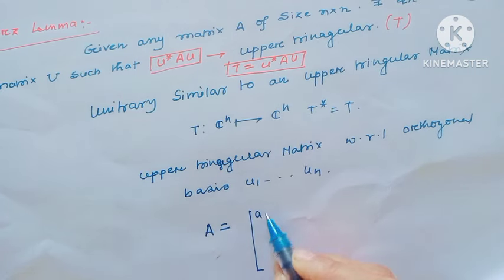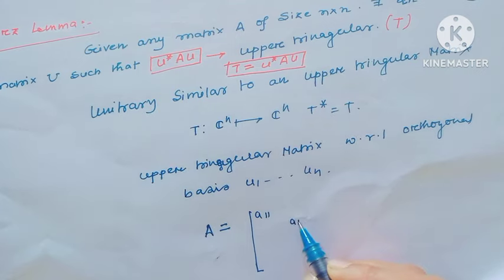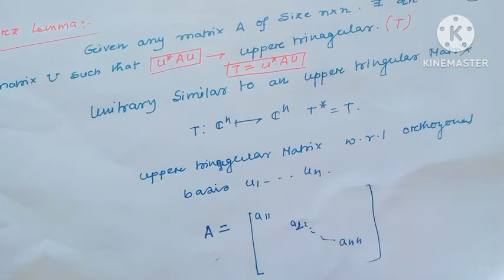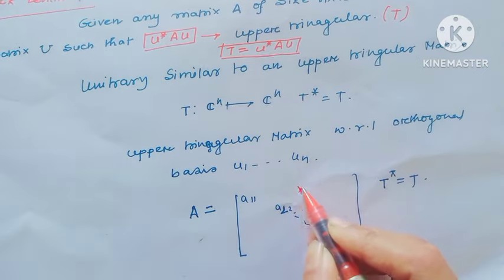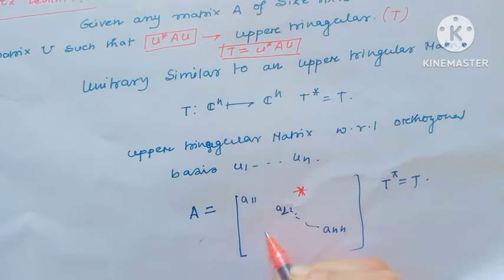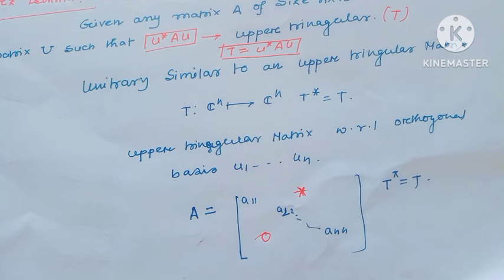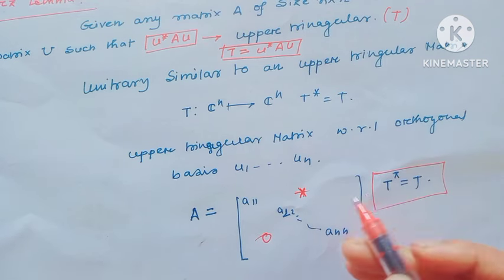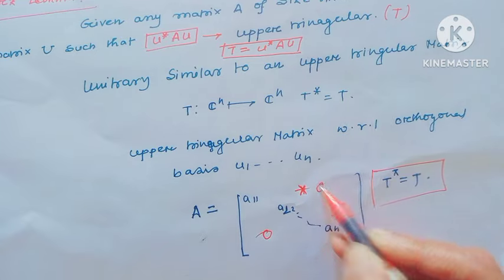Consider the diagonal elements a11, a22 up to ann. Since this is similar to an upper triangular matrix, but since the operator is self-adjoint, obviously the part above the diagonal would be 0.